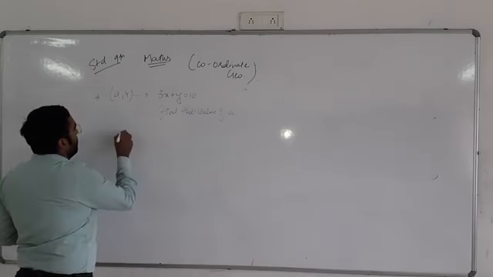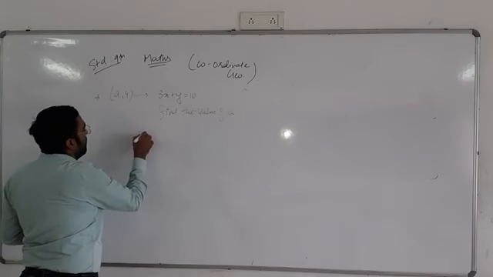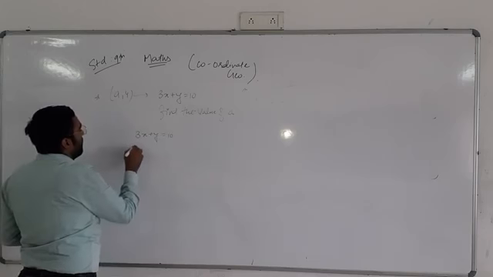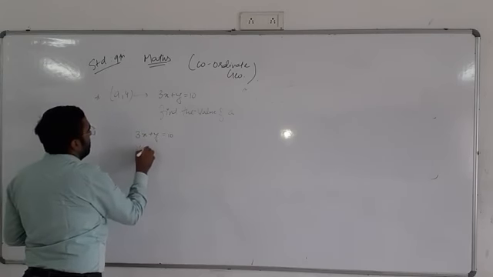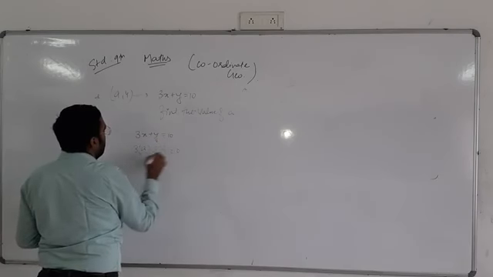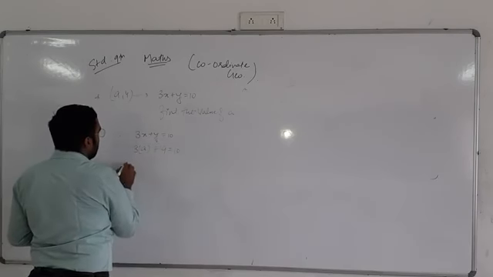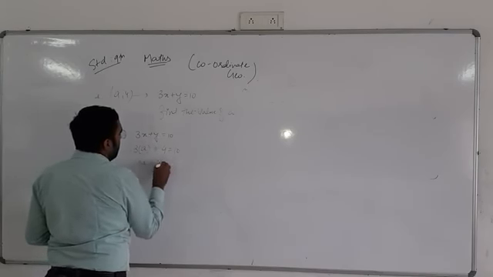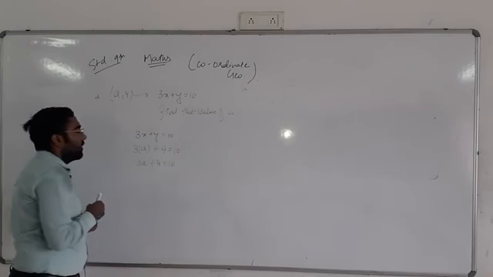Now 3x + y = 10, therefore 3 times x, where the value of x is a, plus y, whose value is 4, equals 10. Therefore 3a + 4 = 10.